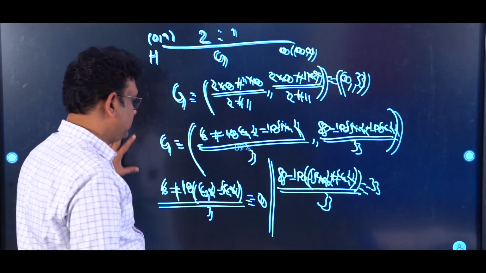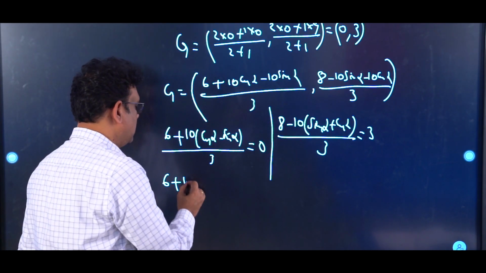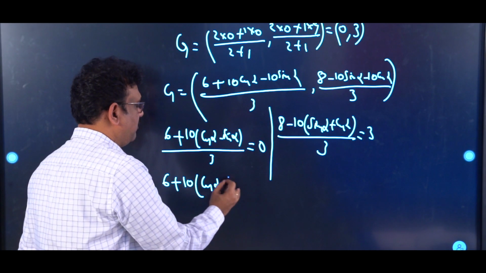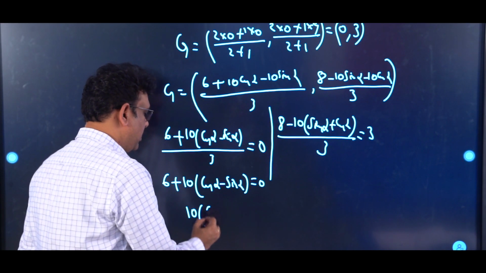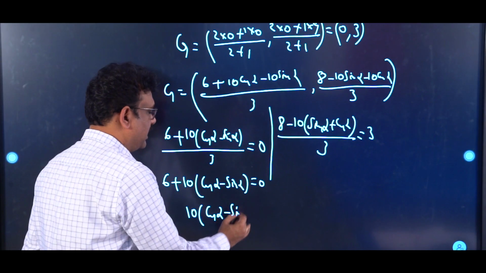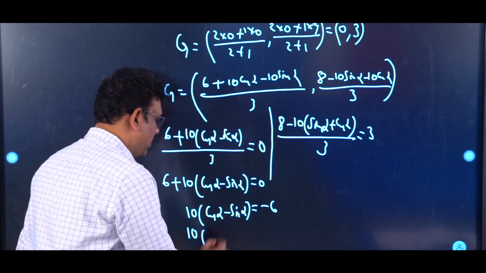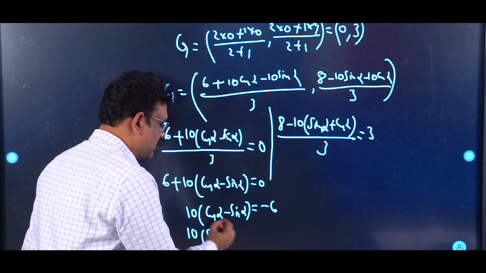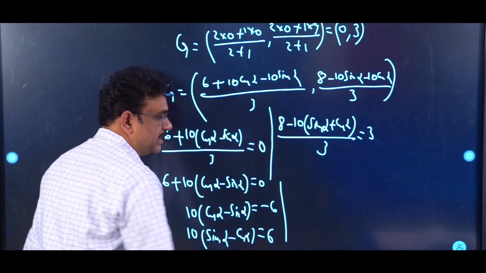So 6 plus 10 into (cos alpha minus sin alpha) equal to 0. So 10 into (cos alpha minus sin alpha) is equal to minus 6. Taking minus common, 10 into (sin alpha minus cos alpha) equal to 6.